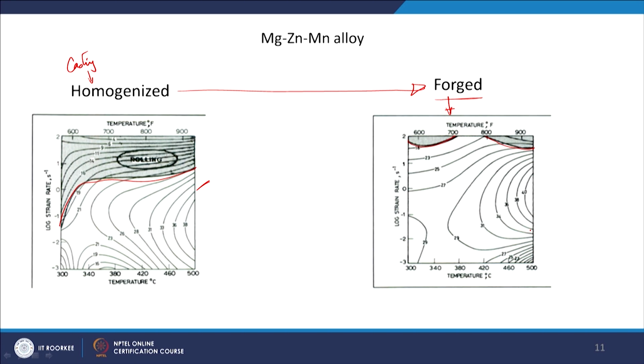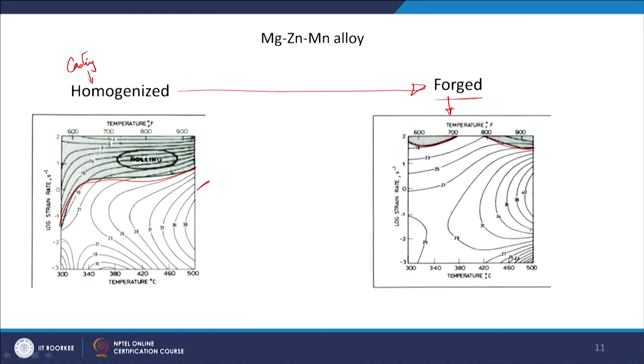Okay. So, you can understand that by doing these kinds of initial operations, what we are trying to do is have a material, okay, in which you will have fewer chances of having defects. Okay. So, this unstable region is reduced by doing a forging operation, and again a processing map is generated for this forged material. Okay.